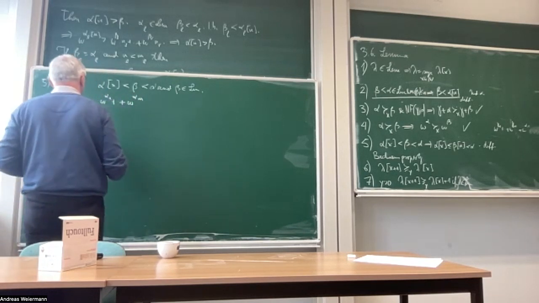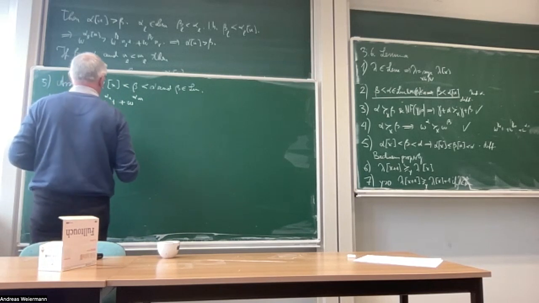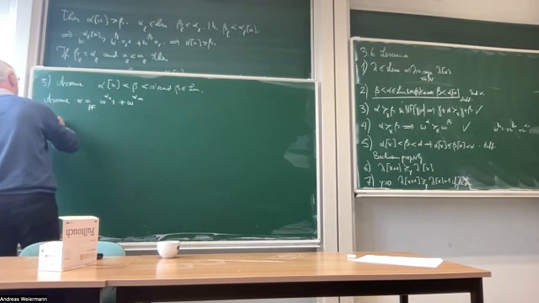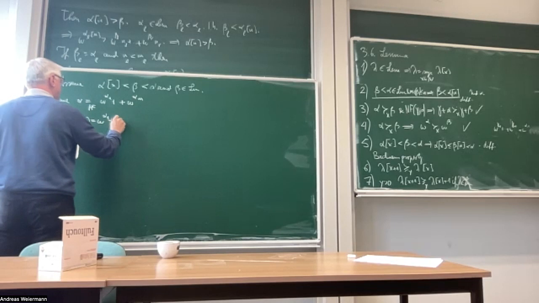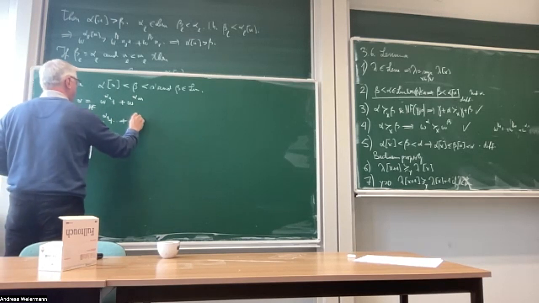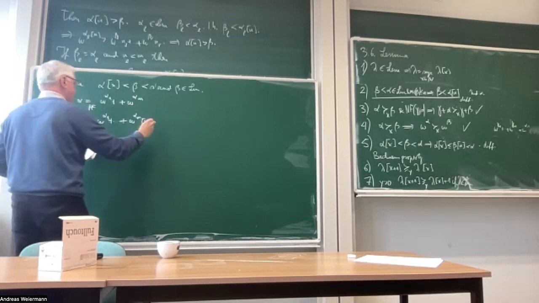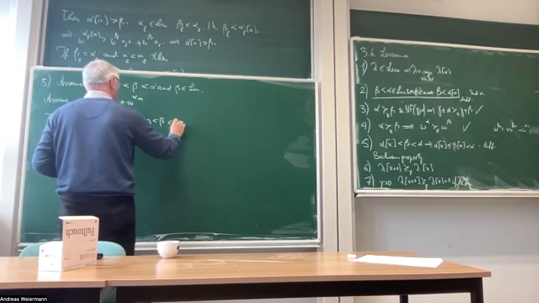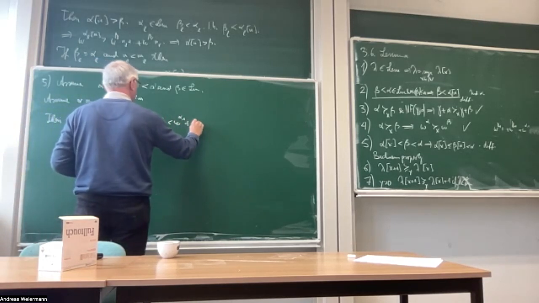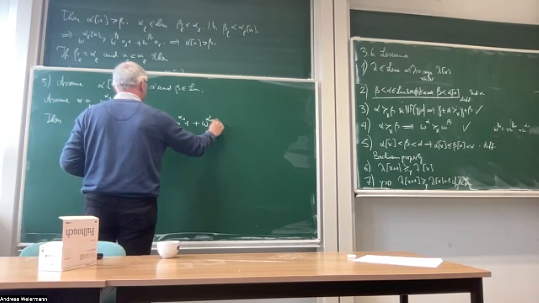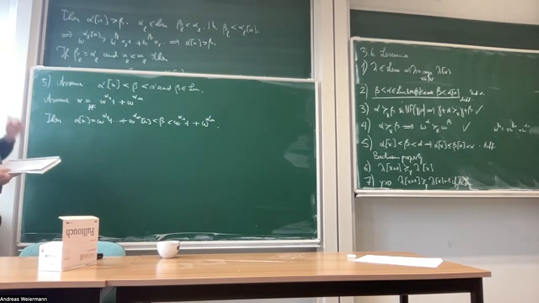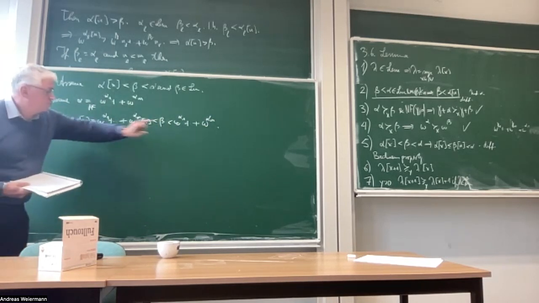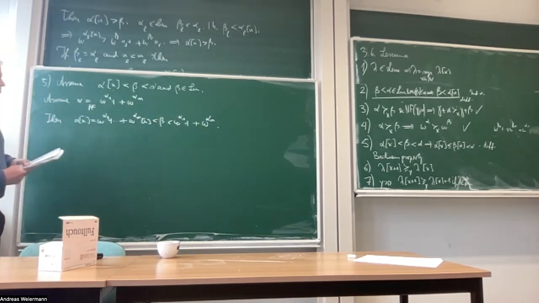And then what's going to happen? Then we have alpha x. It's omega to the alpha 1 plus omega to the alpha m x smaller than beta smaller than omega to the alpha 1 plus omega to the alpha n. What does this mean? This means beta has a specific form.